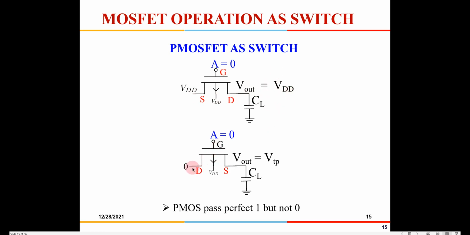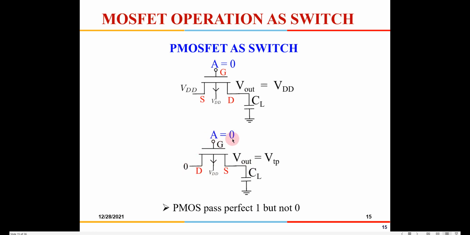Whereas if I have to transmit a 0, then if I use a PMOS, it is 0 here, and then this is the voltage. Suppose we are assuming that this capacitor is already charged to VDD, and then I have put a 0 here, and I am switching on this gate.